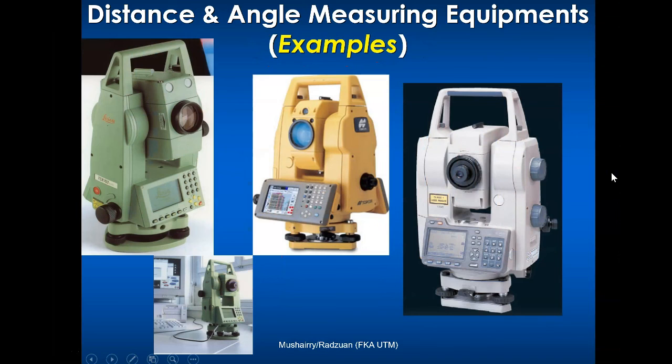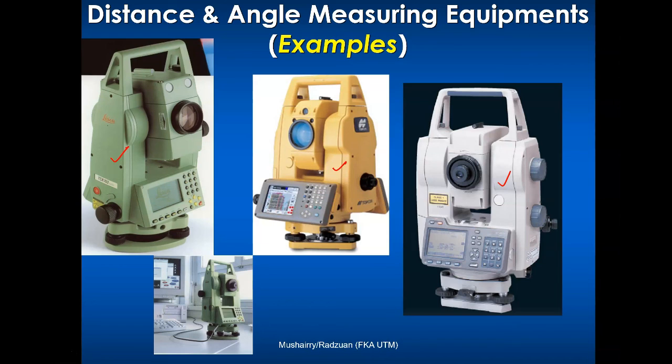These are images to show different types, different makers, different brands of total stations. We've got Leica on the left, which is Swiss made. And the Topcon, and that's a Sokkia. Those are both Japanese.